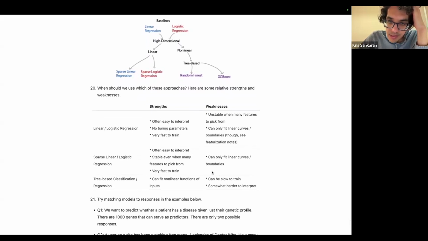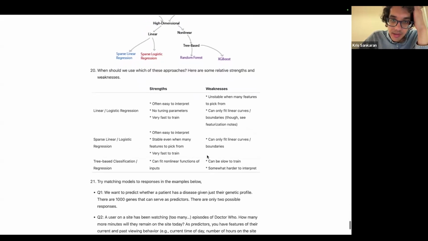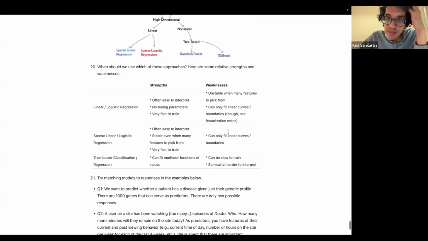Then I have some general ways I trade off between them. The main strengths of sparse linear models are that they're very fast and very easy to interpret, but they can be not as expressive, and sometimes a little bit unstable.